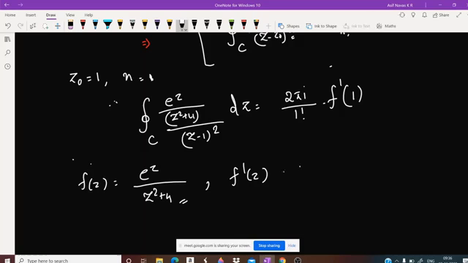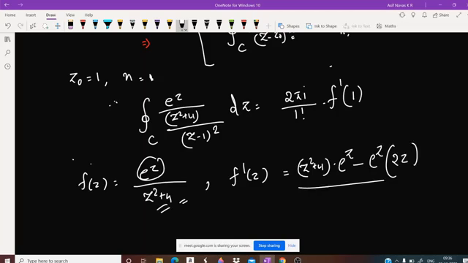So that is equal to z square plus 4 into the derivative of e raised to z, that is e raised to z, minus e raised to z into the derivative of z square plus 4, that is 2z, divided by z square plus 4 all square. Now I will put f dash of 1.